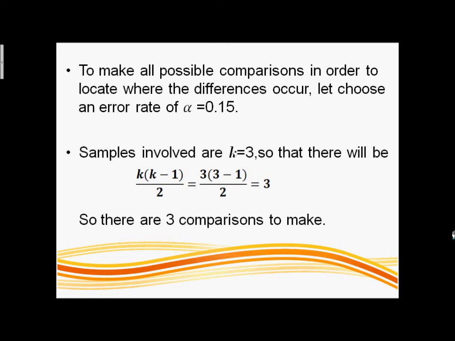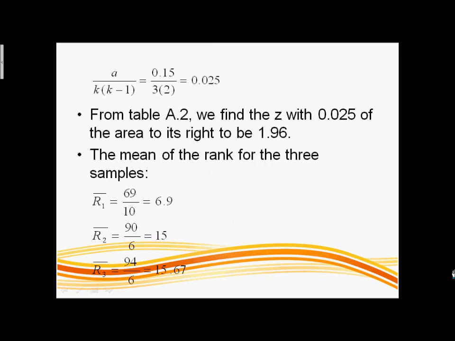To find the total number of comparisons, we will use these equations. In this example, we will have 3 comparisons to make. From table A.2, we find that the Z value with 0.025 of the area to its right is 1.96.